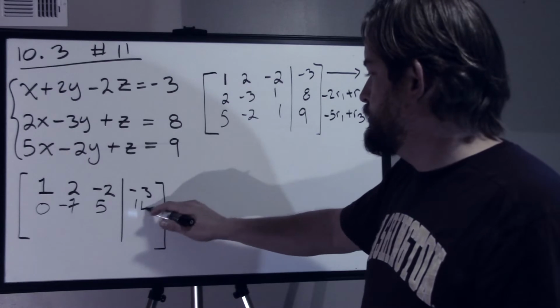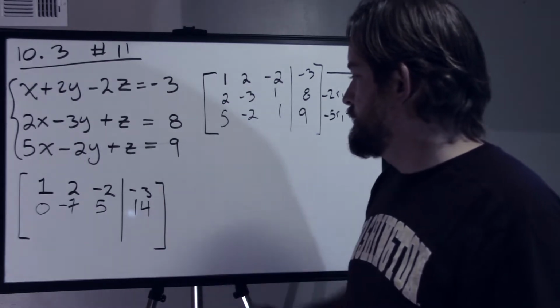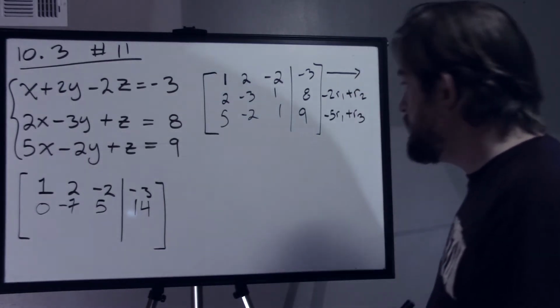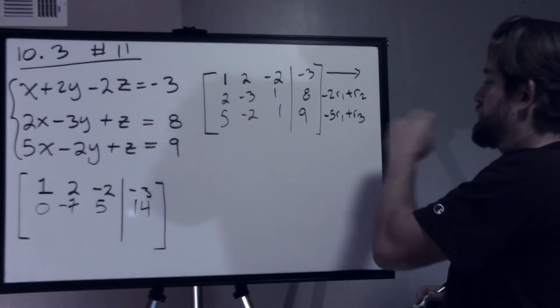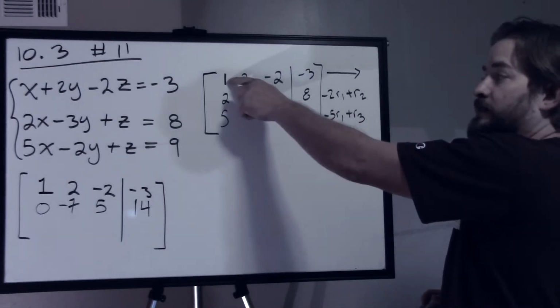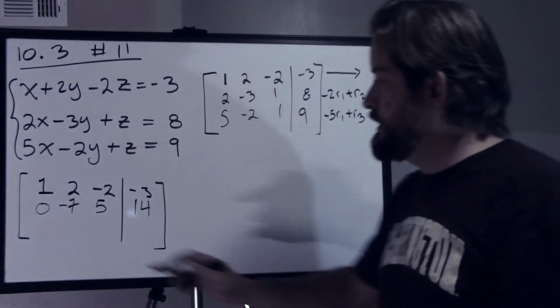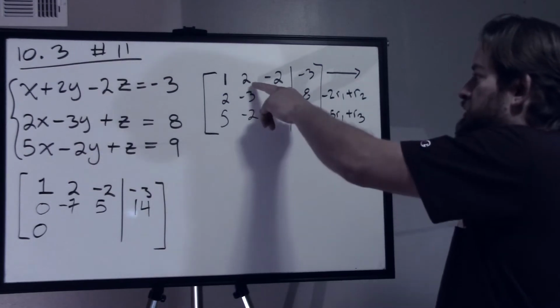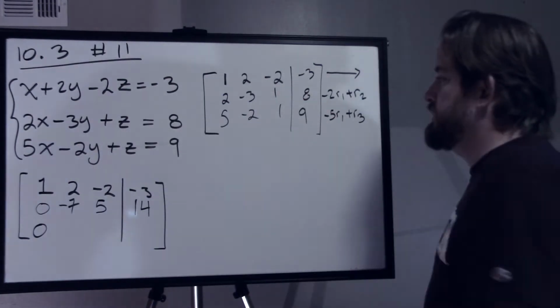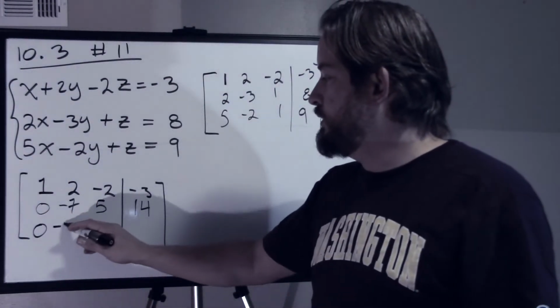These are getting kind of squished together here. There we go. And I do that, of course, for the third row as well. Negative 5 row 1s plus row 3, so negative 5 times 1 is negative 5, plus 5 is 0. Negative 5 times 2 is negative 10, plus negative 2 is negative 12.